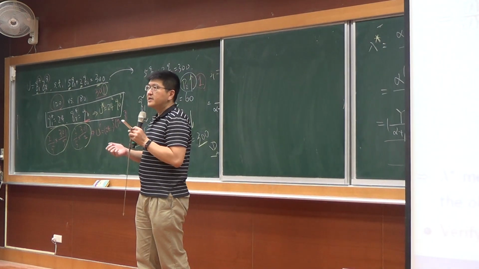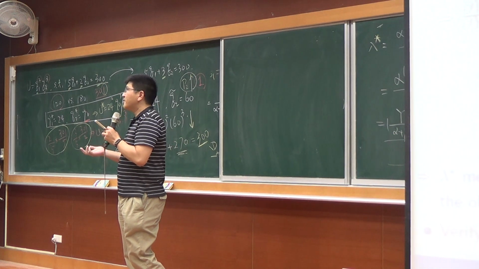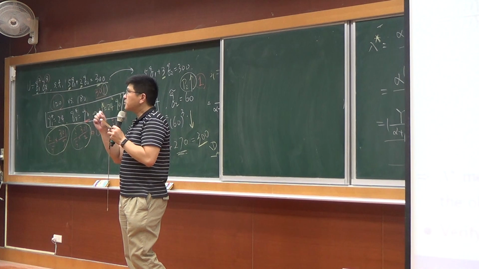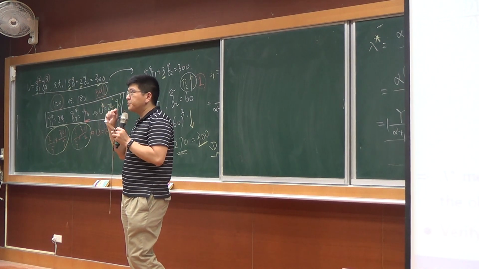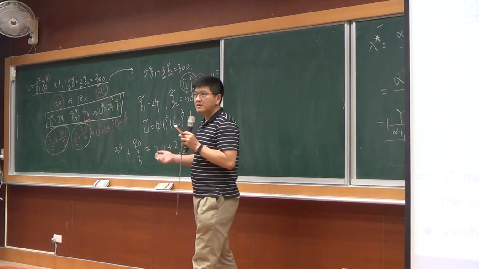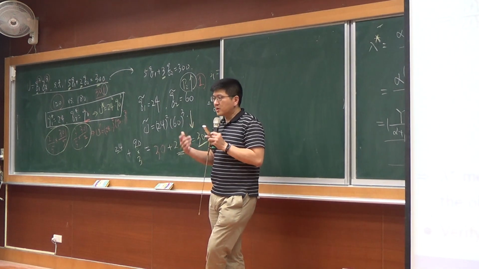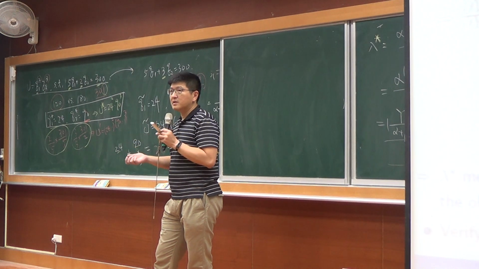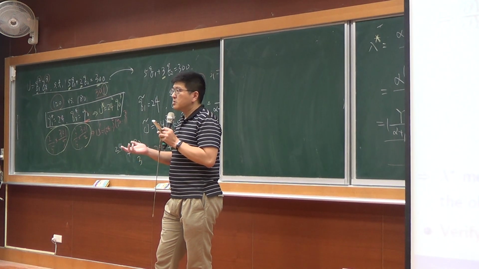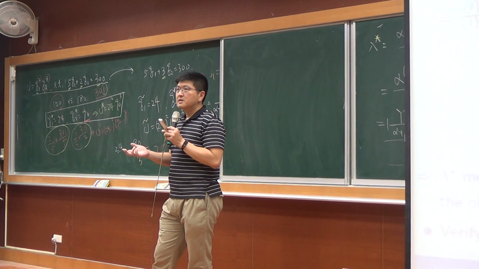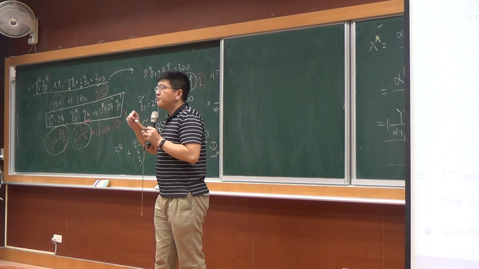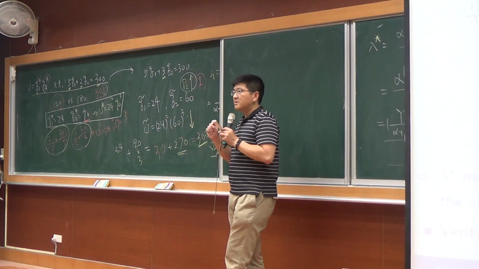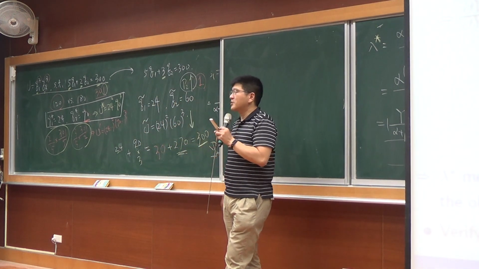So if you are a heavy consumer of some good, once the price goes up a little bit, you will be affected a lot. But if you are just a light consumer of something, actually you don't care too much about that thing. So even if the price goes up a little bit, it doesn't matter to you too much. Okay?